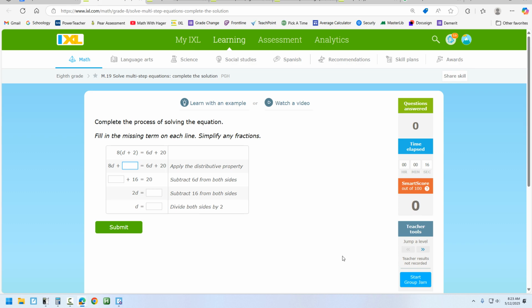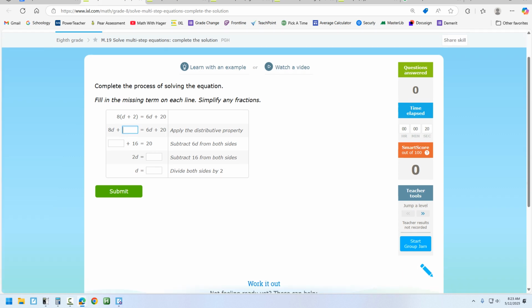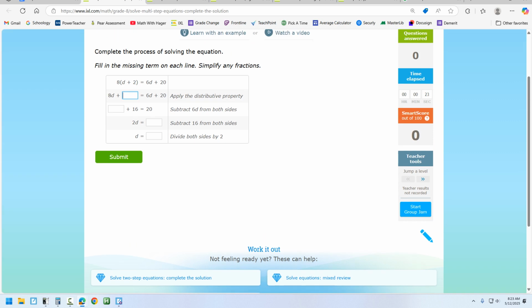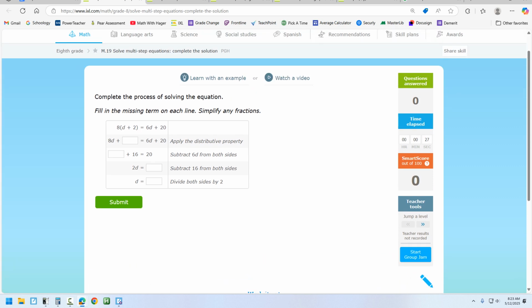If you did the distributive property, and you multiplied the 8 to what's in the parentheses there, what would you get when you do 8 times 2? Yeah. You get 16. So what you'd have to do is just put a 16 in that box.